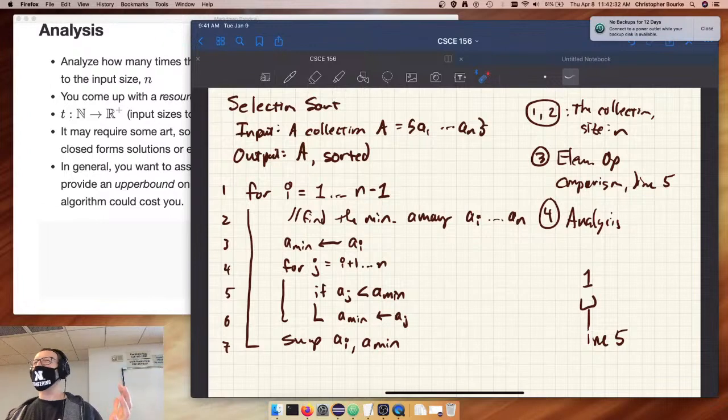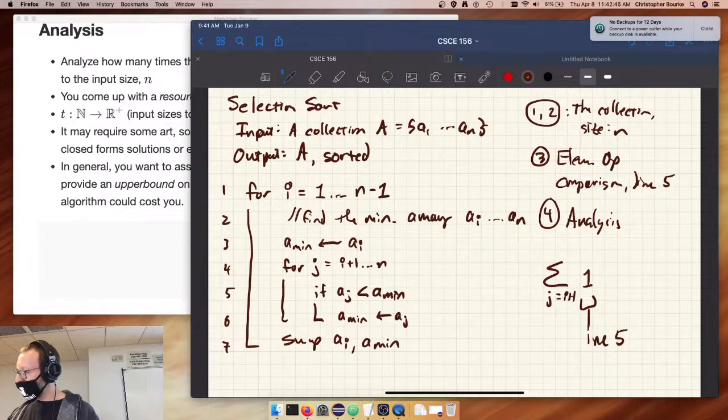Yeah, n minus i, algebra. Let's just go ahead and set up a summation and then worry about the algebra later. The summation runs from j equals i plus 1 up to n. Right? You're doing one comparison, one comparison, one comparison, one comparison. You're summing up all of those comparisons.